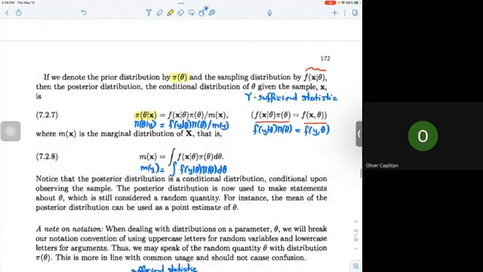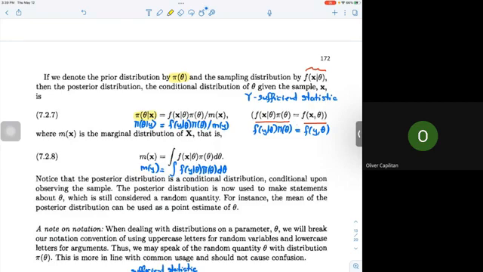Then dito naman, I hope na intindihan nyo itong part na to, kasi alam natin na ang sufficient statistic contains all the information about the parameter in the sample. So instead of using the sample, we can use the sufficient statistic.